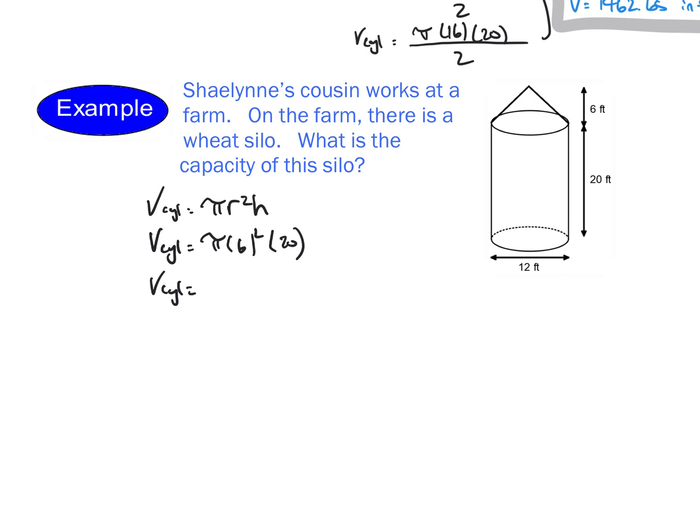Remember, when we work through this, order of operations is important. 6 squared is 36. So, 36 times 20 times pi, and the volume is 2,261.95 cubic feet. That's the volume of the cylinder.